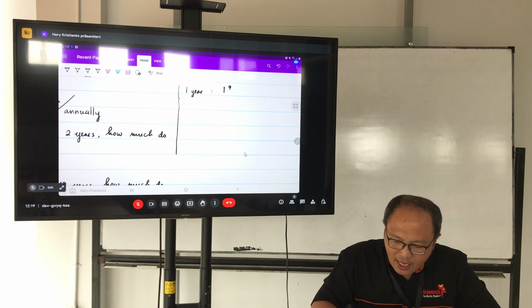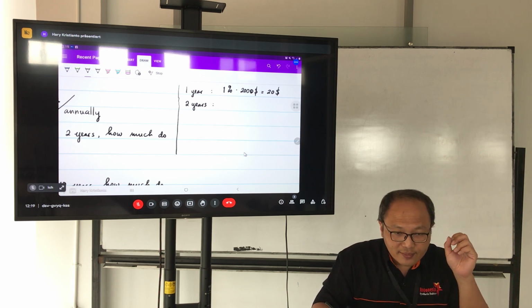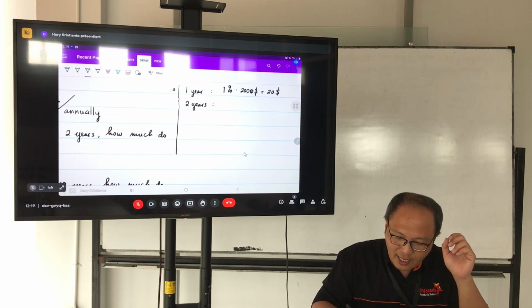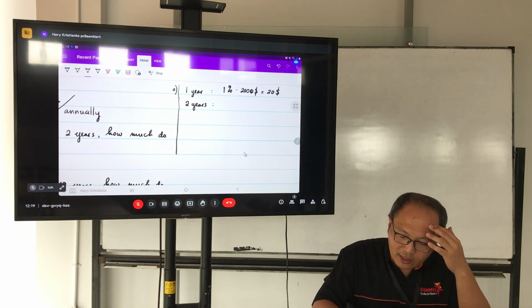Yes, 1% of $2,000 is $20. Meaning, if you have 2 years, how much interest do you need to pay? 2%, or just 2 times $20, right? Which is $40.